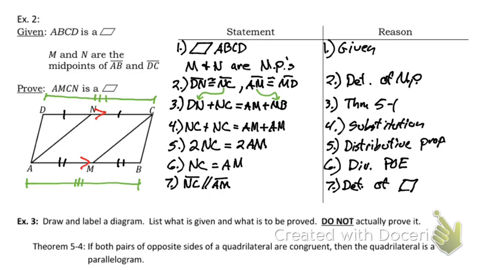So the last step is to say that AMCN is a parallelogram. And what theorem did I use? Hamza? 5-5. You can say 5-5, you can put theorem 5-5, you can put 5-5 and then theorem after. I just need to see 5-5.